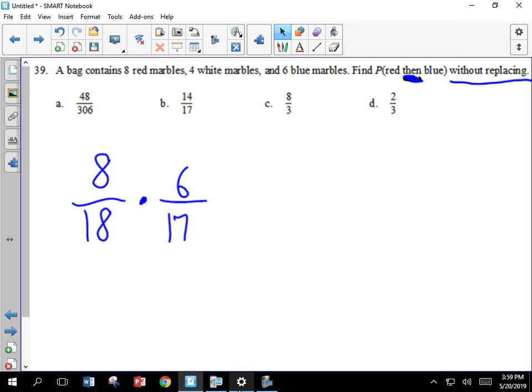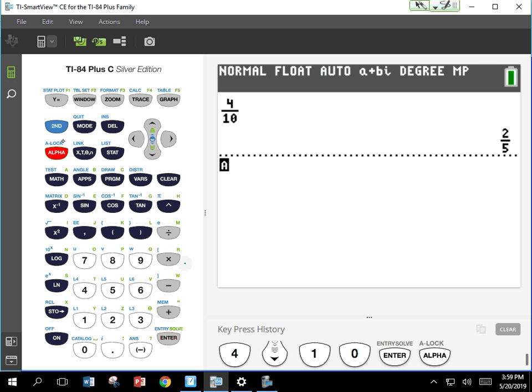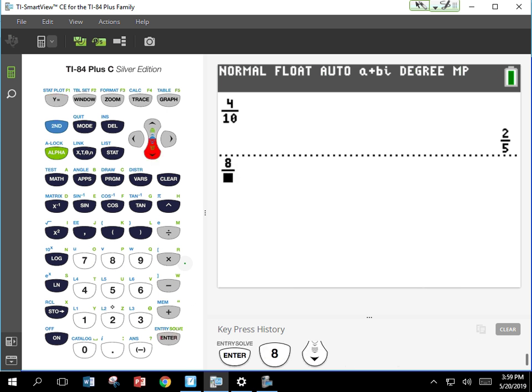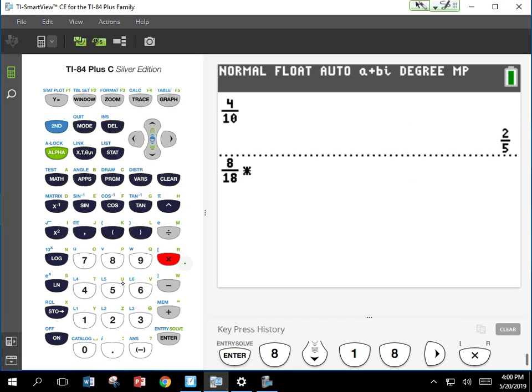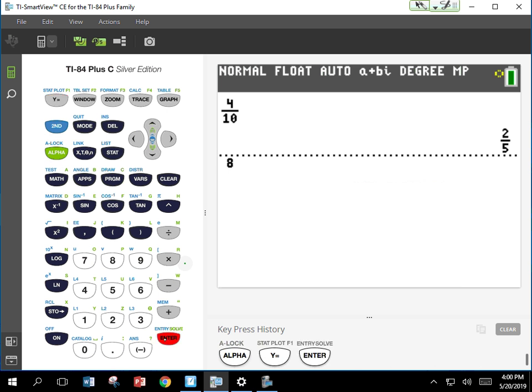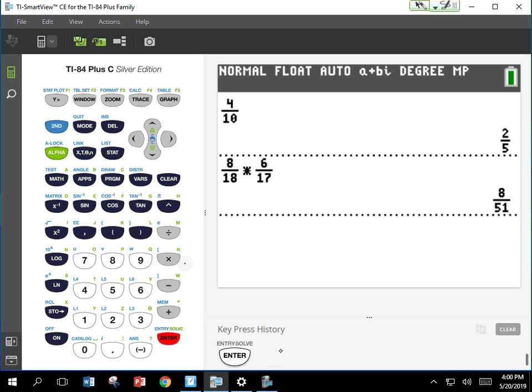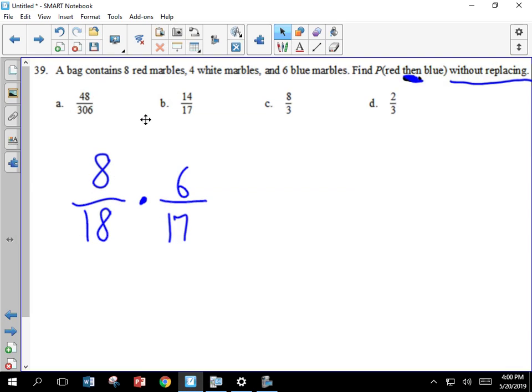And I'm going to show you how to do it on the calculator. So alpha y equals 8 over 18 times alpha y equals 6 over 17. Hit enter. 8 divided by 51.